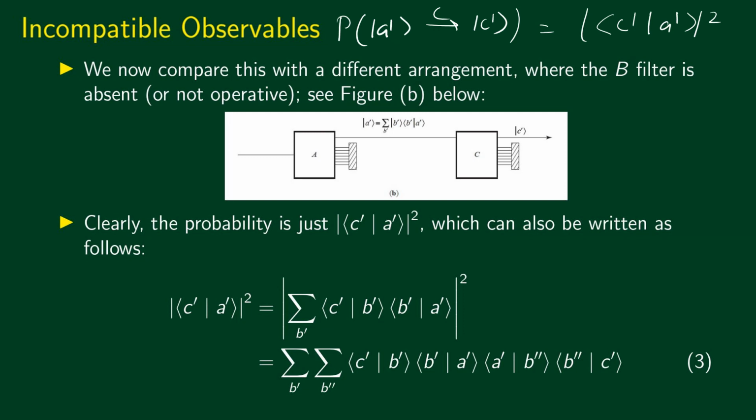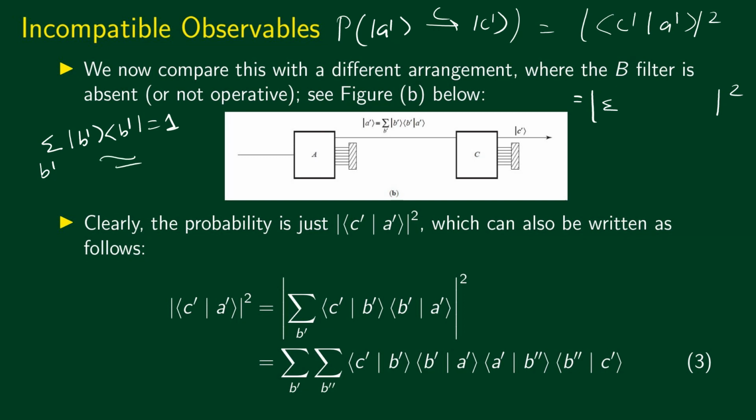Now we can insert an identity operator in here. So this thing can be written as modulus square. I have got a ket C prime here, so in order to introduce this identity, I'll write sum over B prime ket B prime bra B prime is equal to the identity operator.